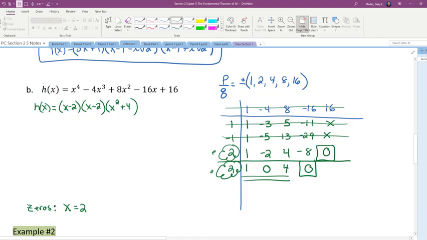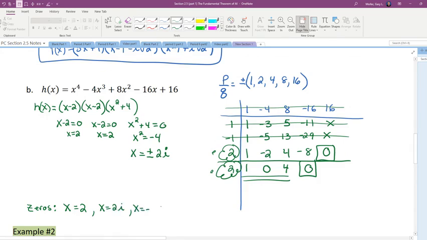And whenever x squared plus 4 equals 0, because again, I'm factoring and setting each factor equal to 0, that's how the game is played. I solve, I get x squared equals negative 4, which is x equals positive or negative 2i. So my zeros are x equals 2, x equals 2i, x equals negative 2i.